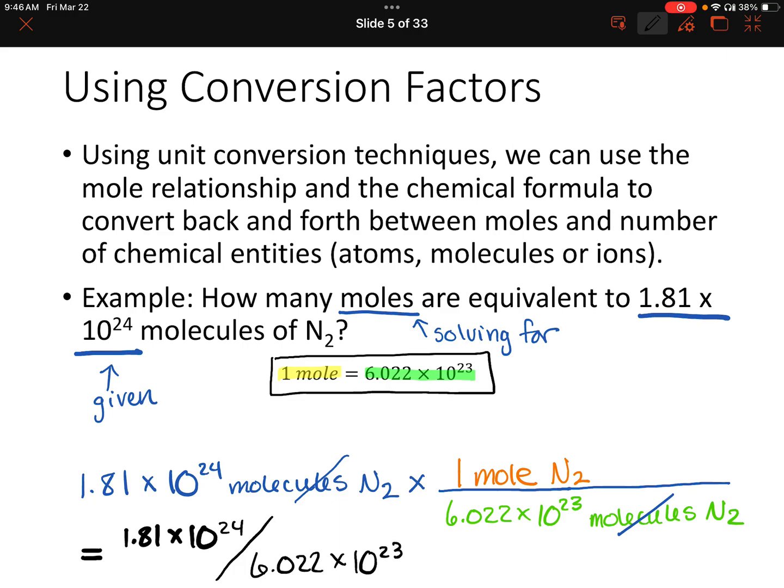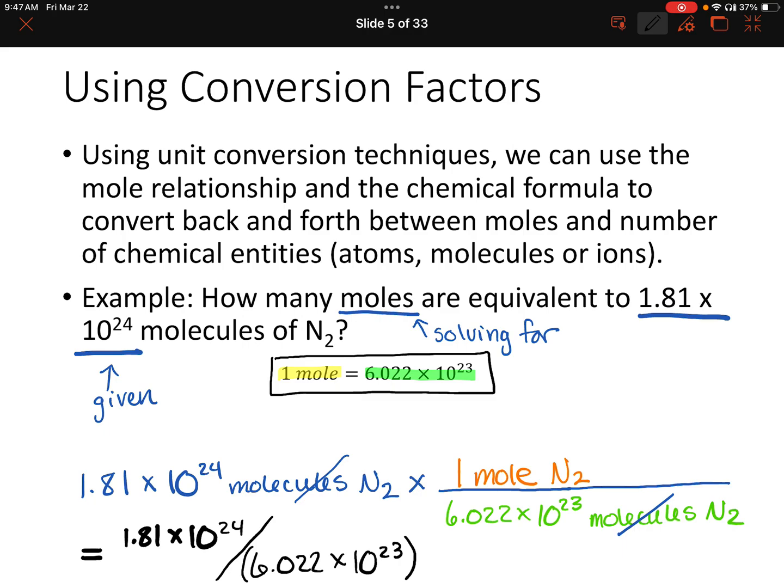When you plug this into your calculator, I highly recommend using parentheses around the number in the denominator, because sometimes your calculator can get confused and assume that you're actually multiplying everything by 10 to the 23rd. To make sure you're actually dividing by Avogadro's entire number, put parentheses around it, and that will help a lot, especially on tests or quizzes. You don't want to get that wrong.